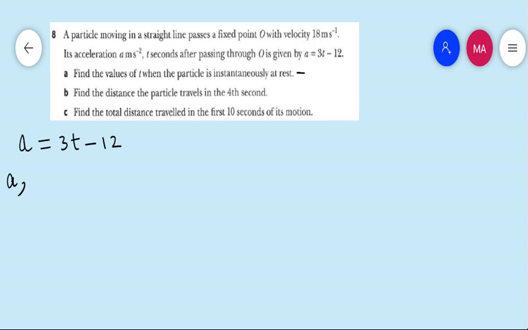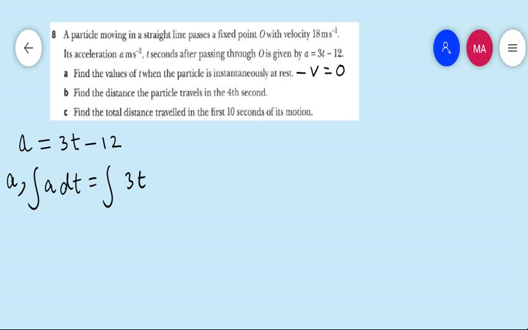Instantaneously at rest means velocity must be equal to 0. So first we have to find the velocity with the help of integration, by integrating acceleration with respect to time.